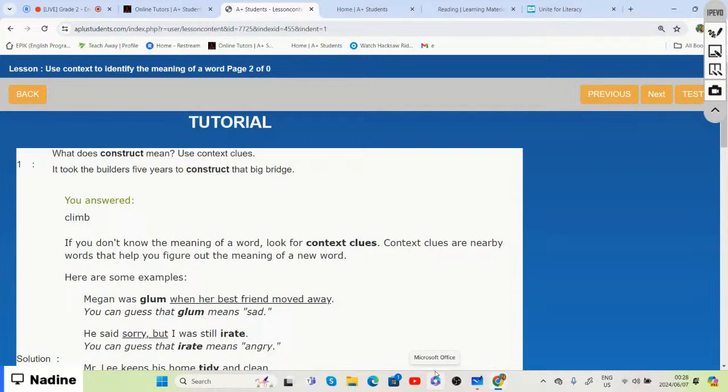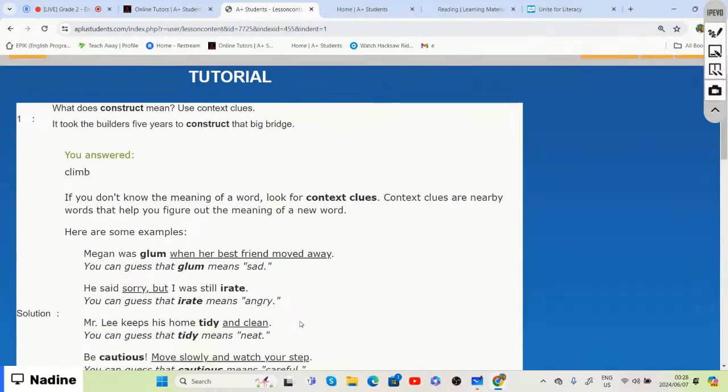Think even if you have to, for example, maybe for a project or natural science, a technology project, and now they say you need to construct something. It means that you are building or making something, right? So that is construct, is to build something or to make something.